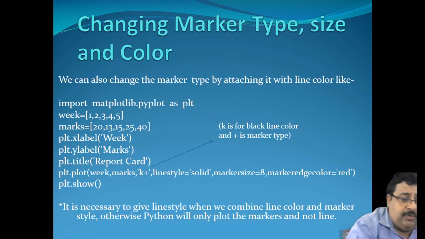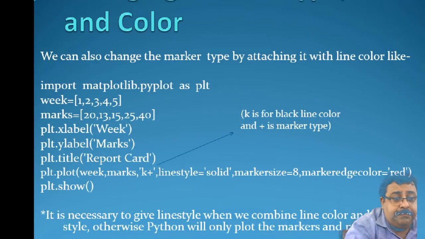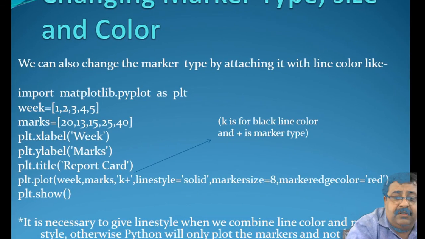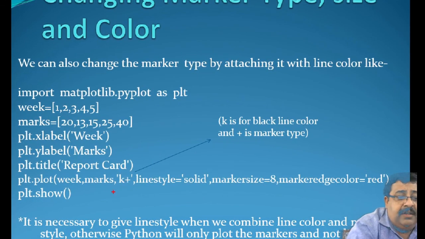So now in this you can see that here k plus is being used. K is for the black line color and plus is the marker type. So what will happen when the line is created? It will be created with plus symbols. Why the plus symbol?